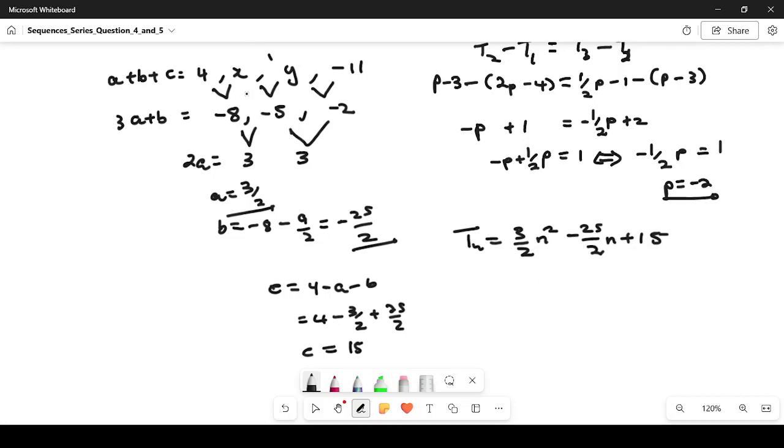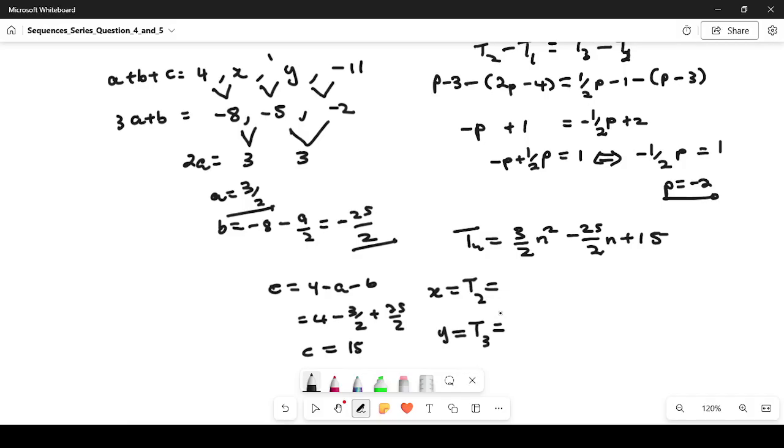And to find what our x is, notice that this is at index 2. So we need to find what our t sub 2 is. And we can substitute n is equal to 2. And then similarly for y. So this is for x, and then this is for y. So for y, we are at index 3. So t sub 3. So I will just do my substitution.